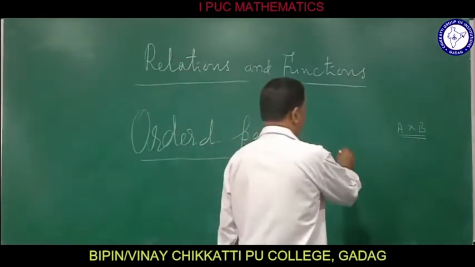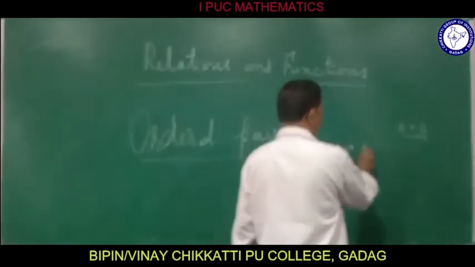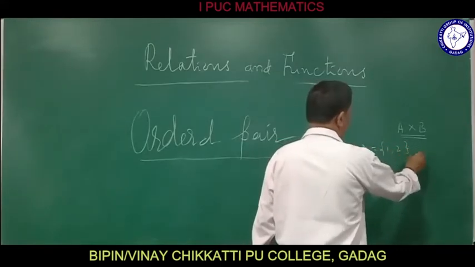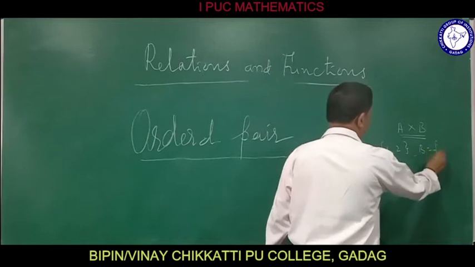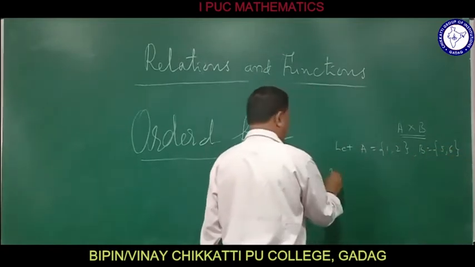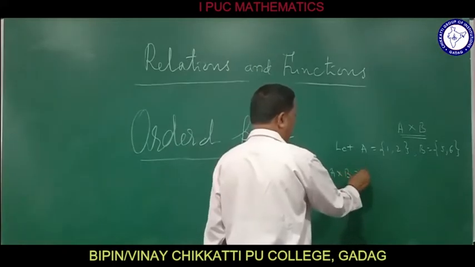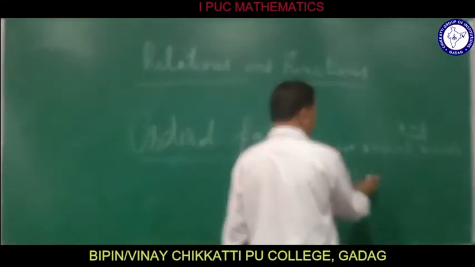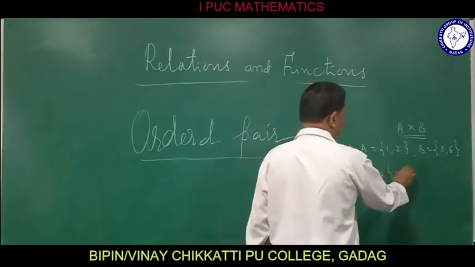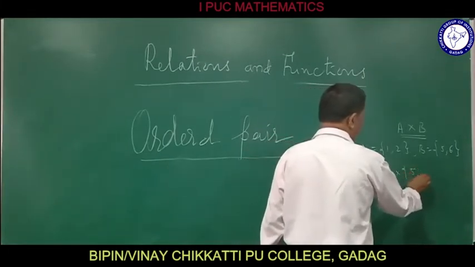Suppose A is the set {1, 2} and B is {5, 6}. Then what is the Cartesian product A into B? A is {1, 2} into {5, 6}.